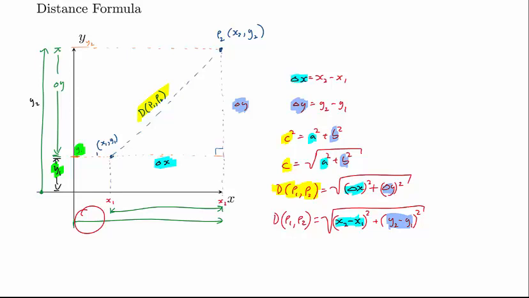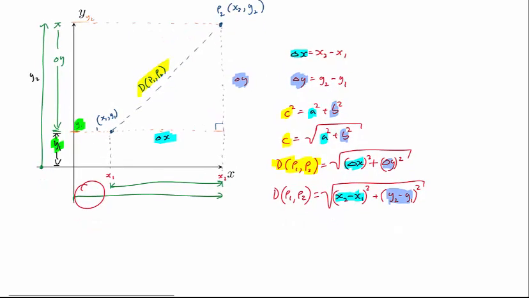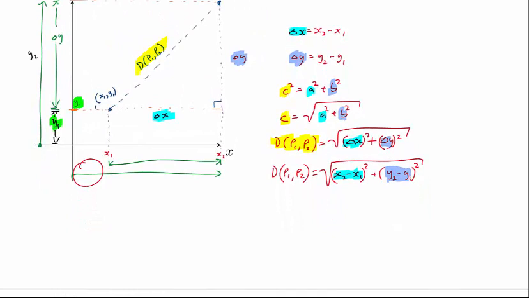And then from there we use the Pythagorean theorem to figure out the distance formula. So you can see that the distance formula is simply an application of the Pythagorean theorem. Now let's move on to circles, and we're going to find, surprisingly, that the Pythagorean theorem, the distance formula, is going to help us understand circles.